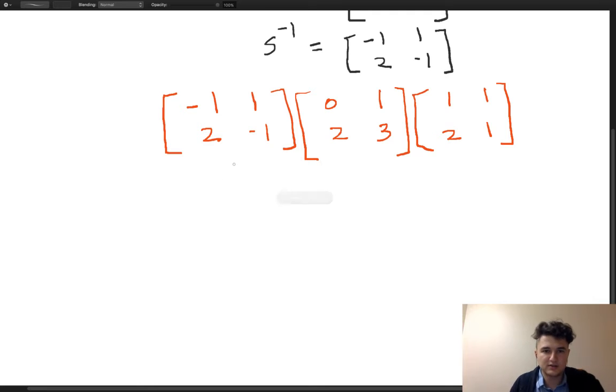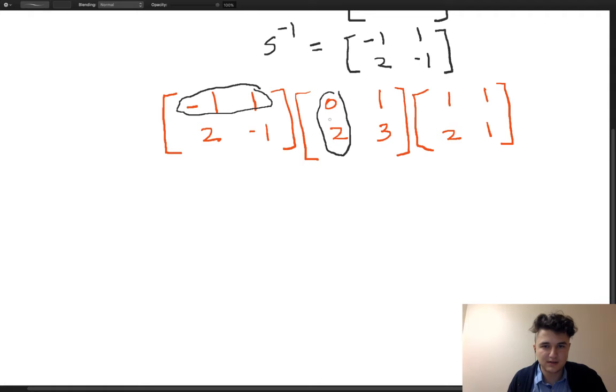Now we're just going to do some matrix multiplication. Just a reminder, you look at the first row and dot it with the first column and the second column, and then you look at the second row and dot it with the first column and the second column.